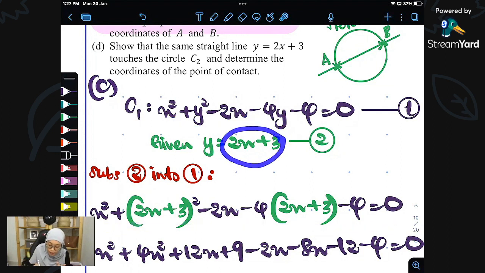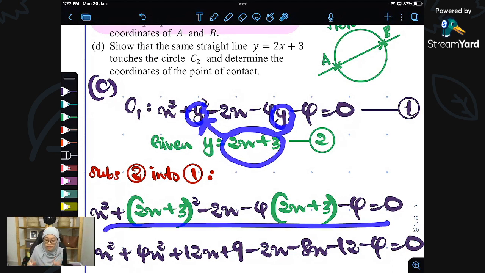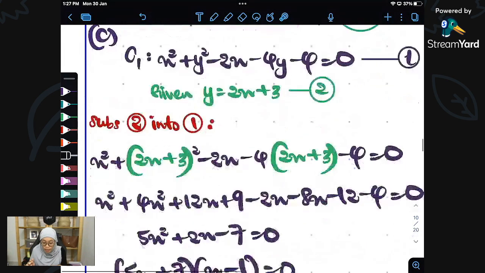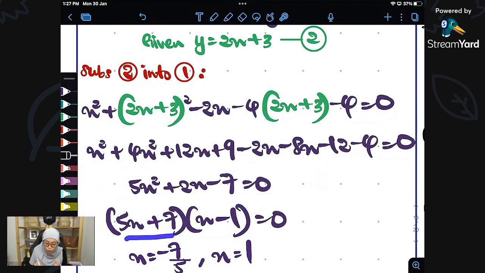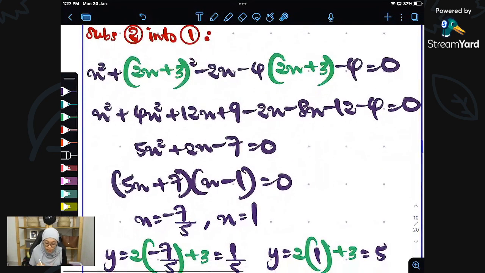So this 2x plus 3 is substituted into the y function, so that everything is in terms of x. You solve it and you will get a quadratic. This quadratic gives you 2 values of x, 2 x-coordinates.